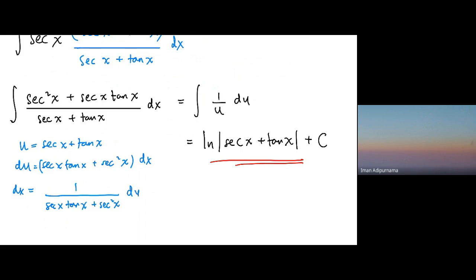Next time, when you calculate some integral and find a secant x, you can directly change the integral of secant x into this ln. If you forget the form, you can multiply by secant x plus tangent x over secant x plus tangent x.